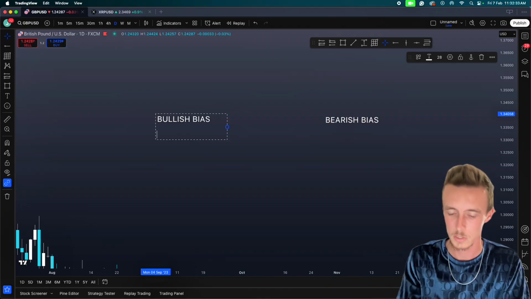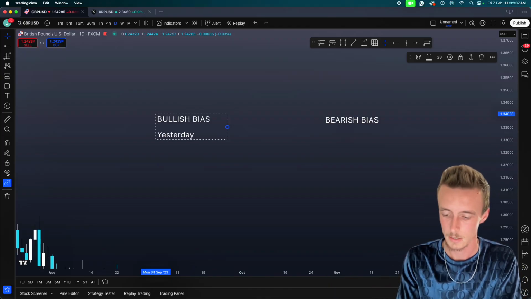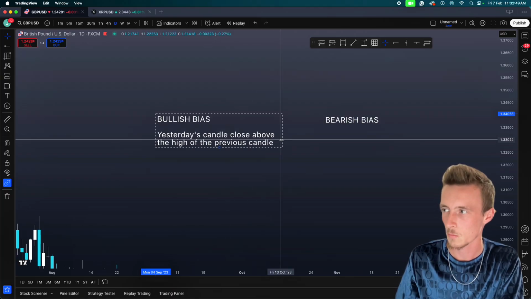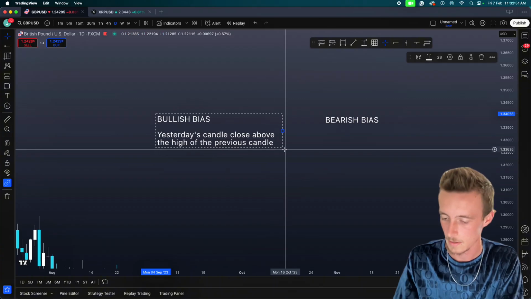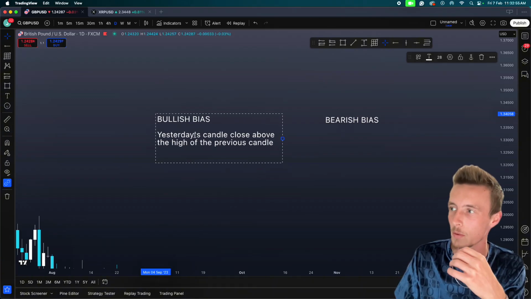So for a bullish bias, we want to see yesterday's candle close above the high of the previous candle. This will make a lot more sense once I draw it out. But in order for us to have a bullish bias for the day, we want to see yesterday's candle.